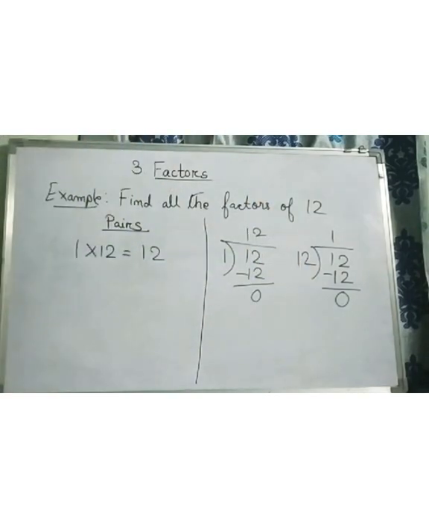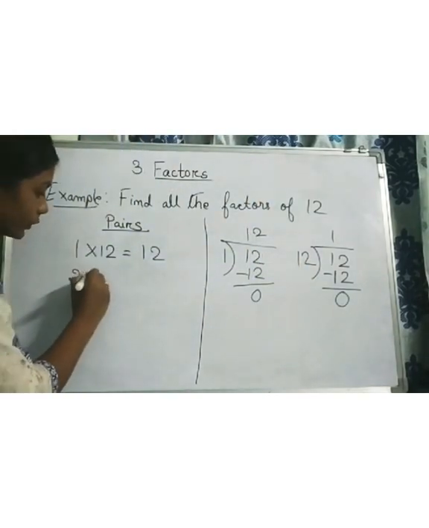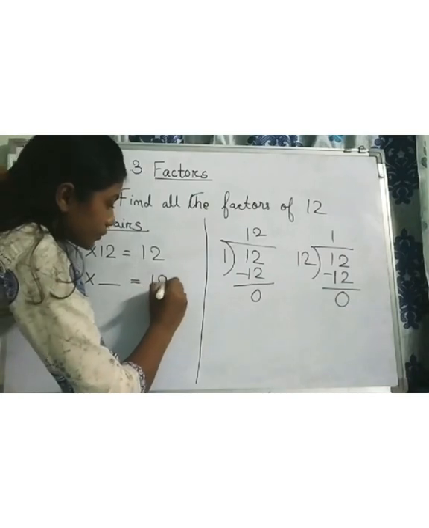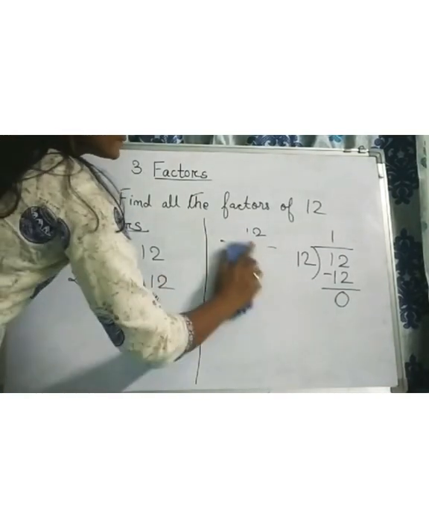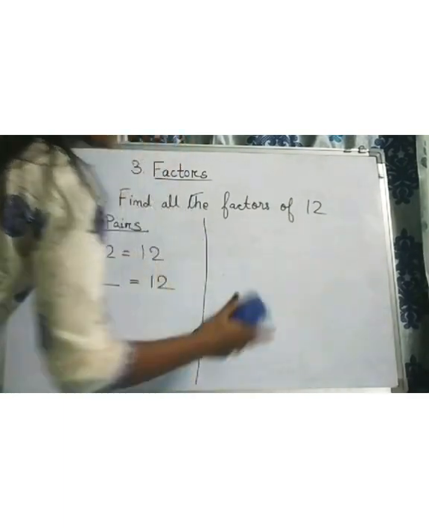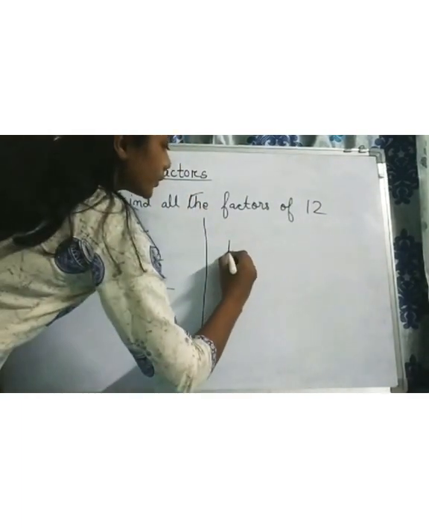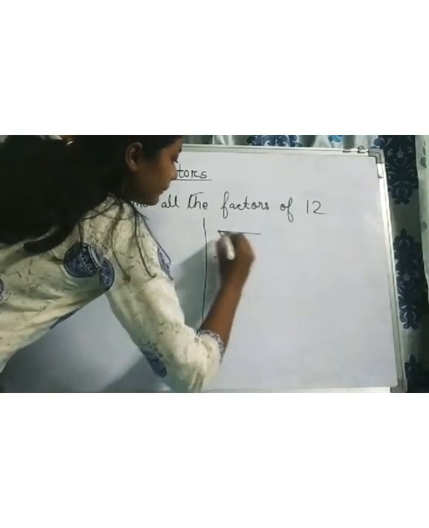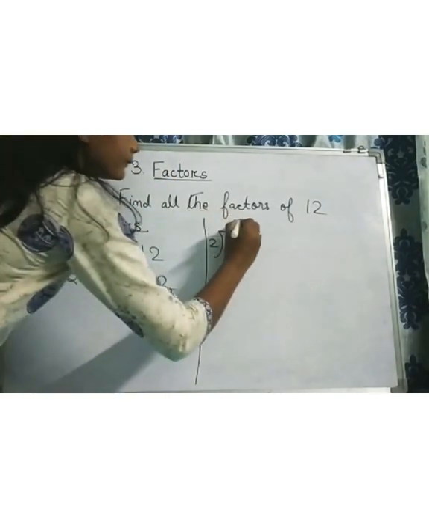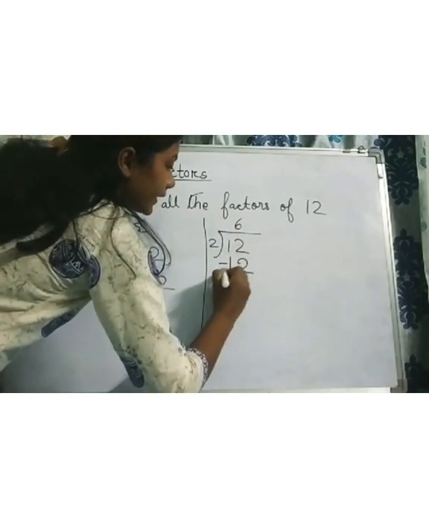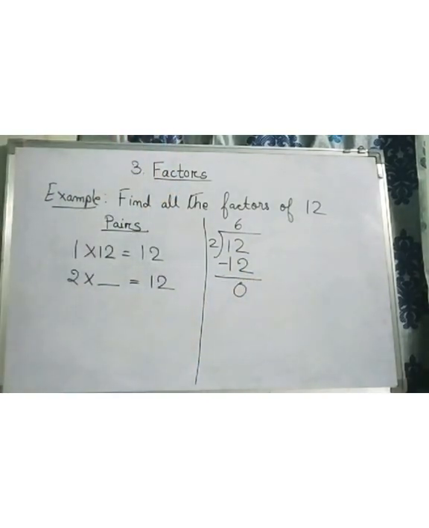Now let us take 2. 2 into dash equals 12. Again let us see whether 12 is divisible by 2. 12 divided by 2, 2 sixes are 12. And again we will get remainder 0.